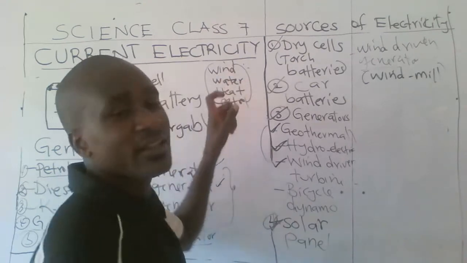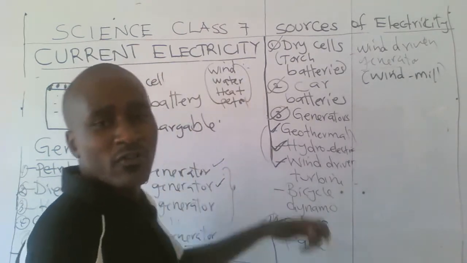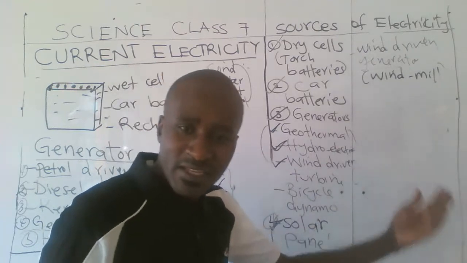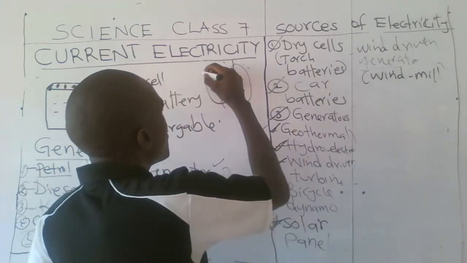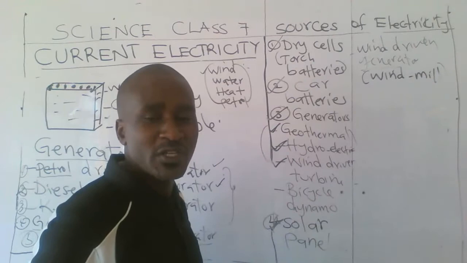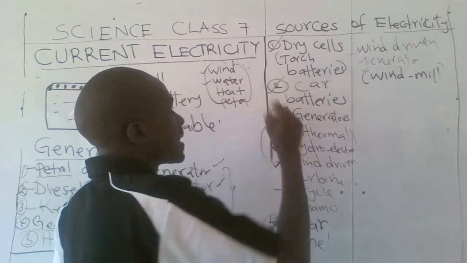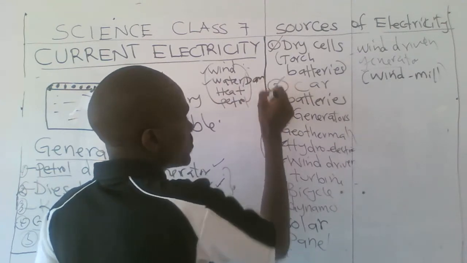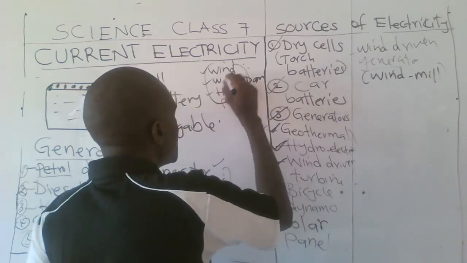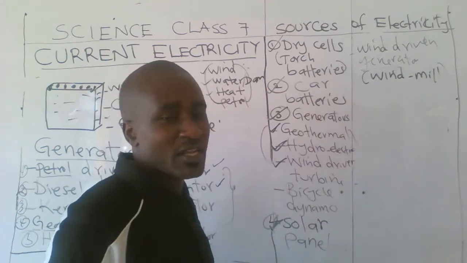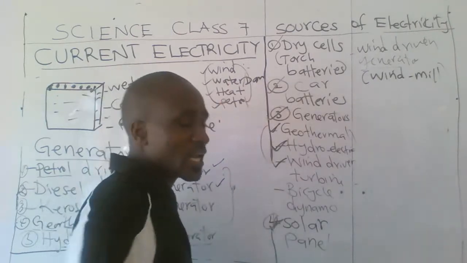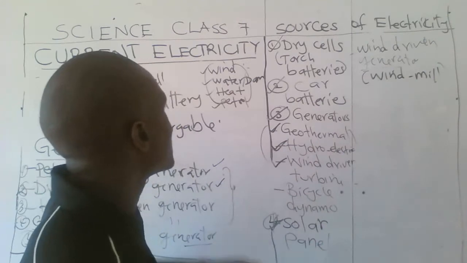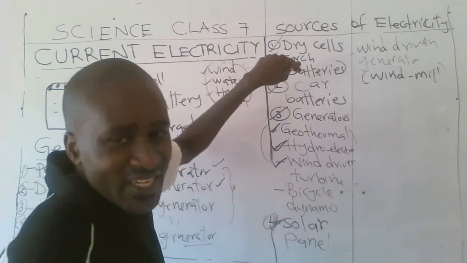They run the generator, or they run the turbine, which produces electricity. So wind does not produce electricity. Water cannot produce electricity. A dam cannot produce electricity. Heat cannot produce electricity. Petrol cannot produce electricity. So what produces electricity? The wind-driven generator.